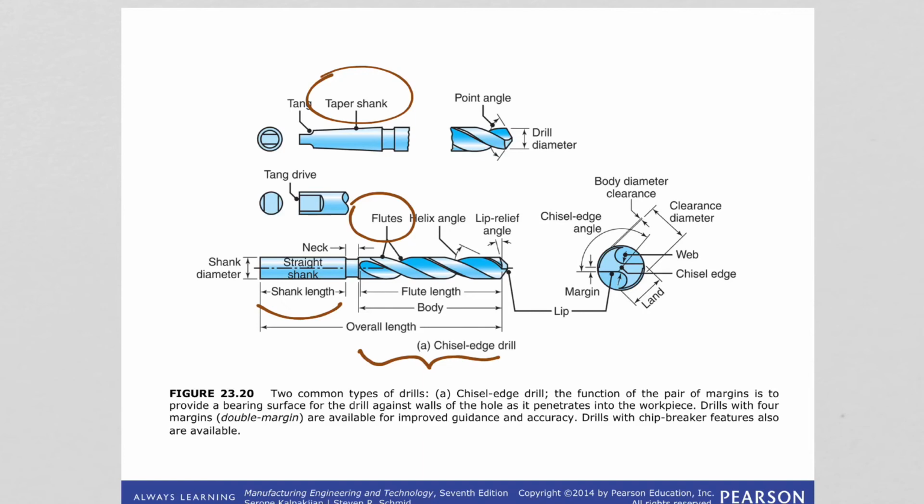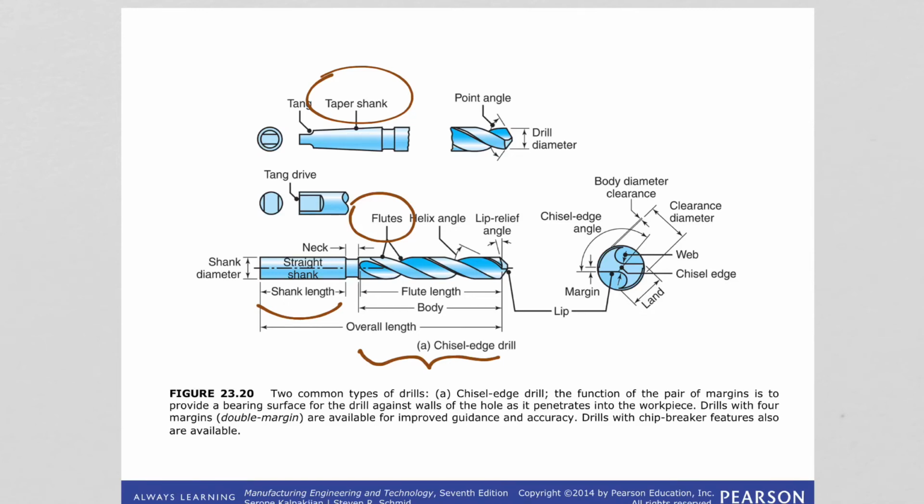They make the chip easy to remove from these channels. So when it is being drilled, these are the channels where the chips can escape, and they also curl the chip tightly for easier removal, and it allows the coolant or lubricant to get down to the cutting edge.